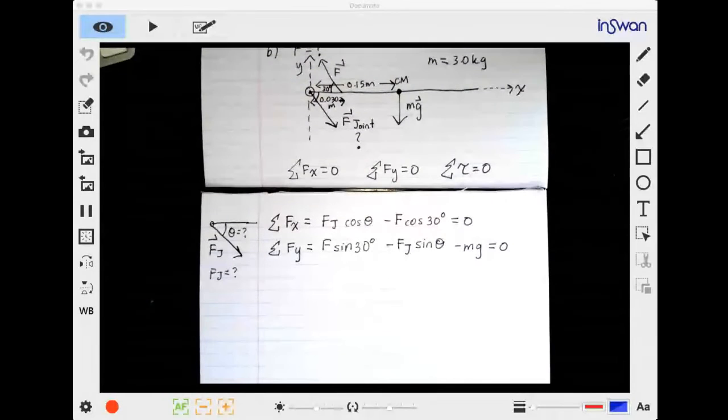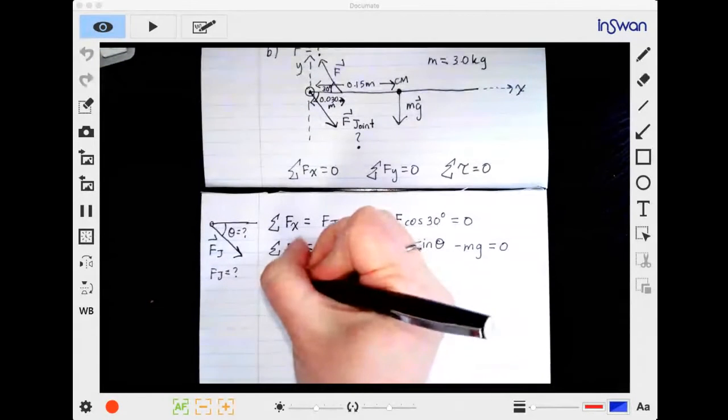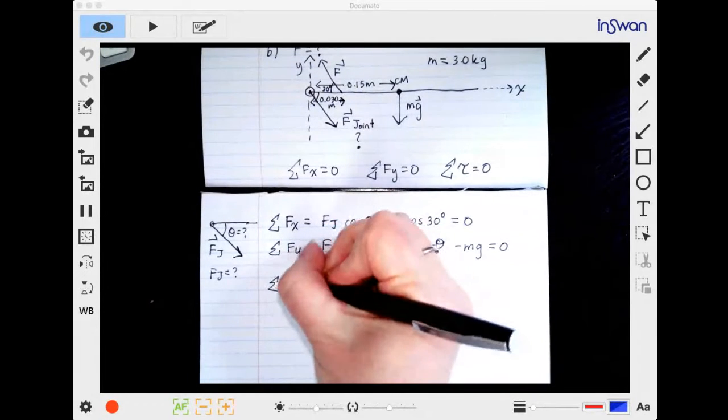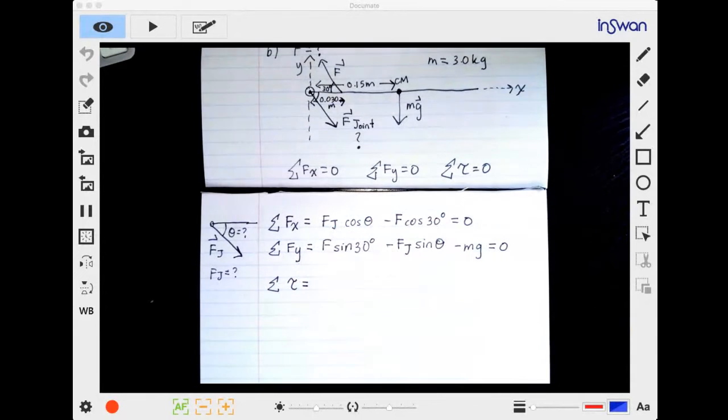And now we need to do our torques. So this is our new quantity, torque. If you're going to do torque, Fj represents the force of the joint on the elbow. So it's sort of the upper bones on the lower bones at the elbow. There has to be a force at that joint to make things balance.